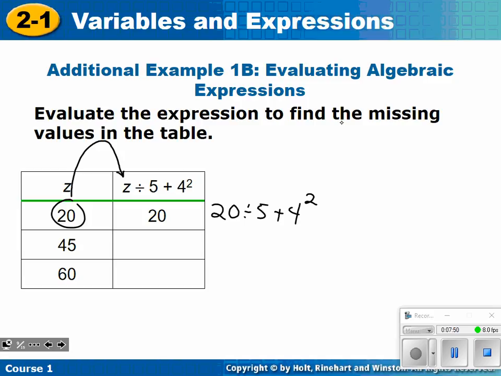That looks like something you have done before, doesn't it? You did it yesterday. It's order of operations. That's why math is the way that it is.